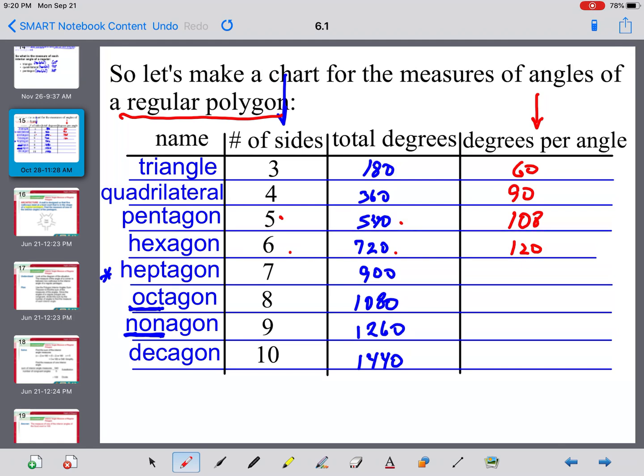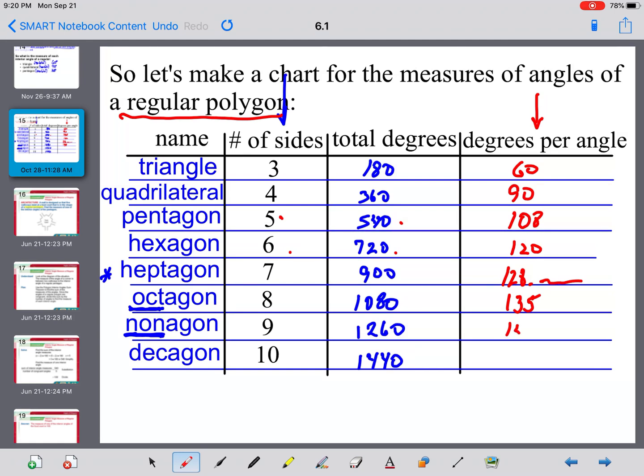The 900 divided by 7 is the only one that doesn't come out cute or even. It's 128 point blah, blah, blah. The 1080 divided by 8: 8 goes into 10 one time, goes into 28 3 times, and then it goes into 40 5 times, so 135.